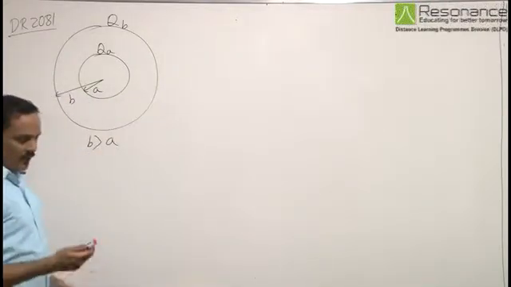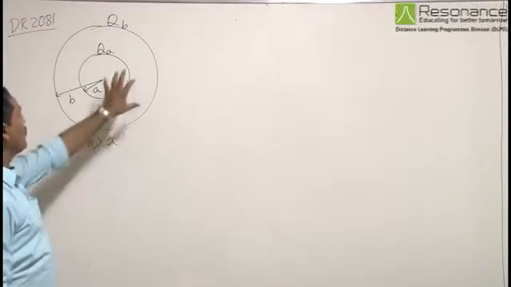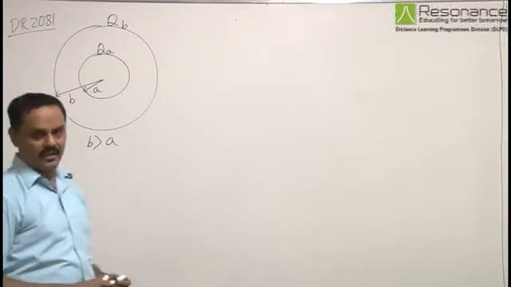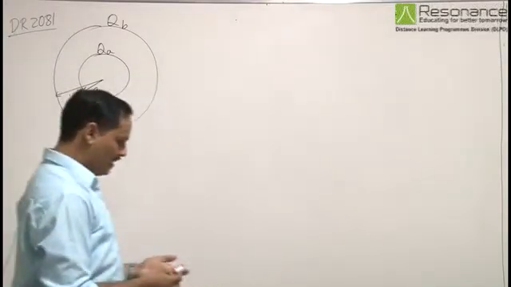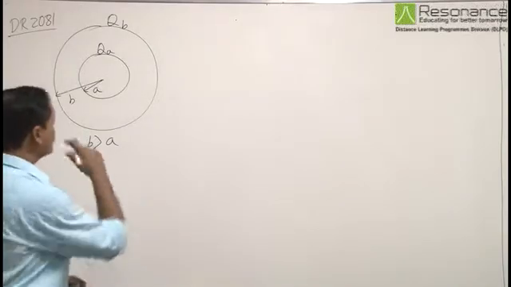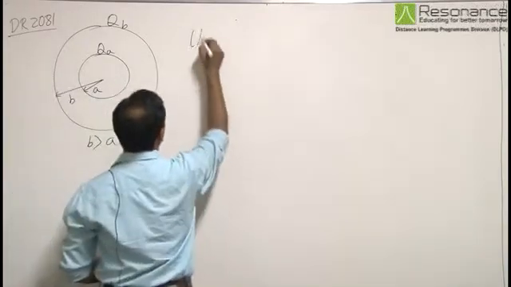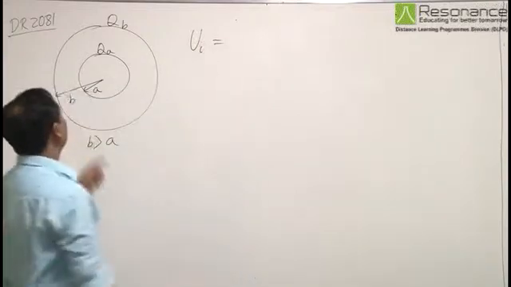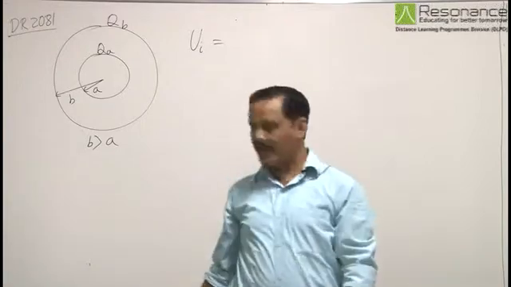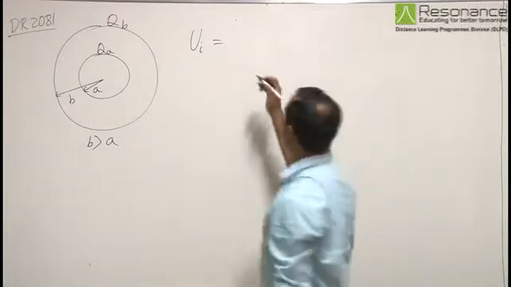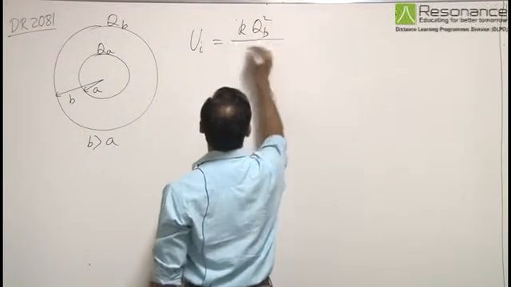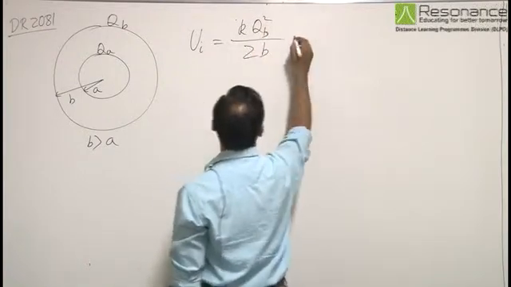So to find the heat produced, first we need to find the initial energy stored, and then after distribution we need to find the energy stored, and the difference of energy will give us the amount of heat produced. Initially, because of the charge qb on the sphere of radius b, the energy stored will be k qb square by 2b.